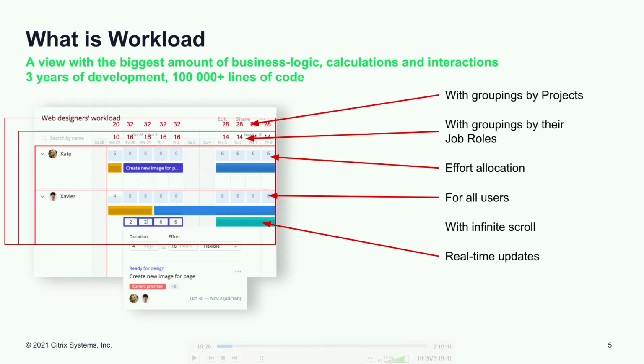Then, as I said, we have some optimistic recalculations and real-time updates. Just imagine, some of our customers are really big, so they could have up to 10,000 users in their accounts, or maybe even more.